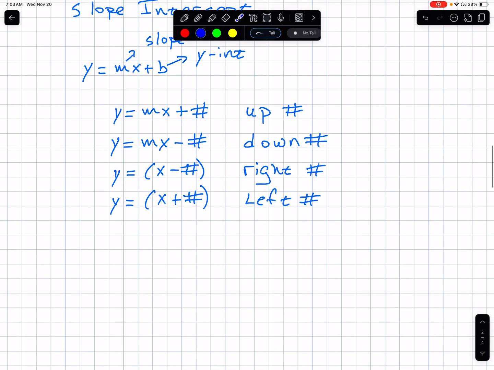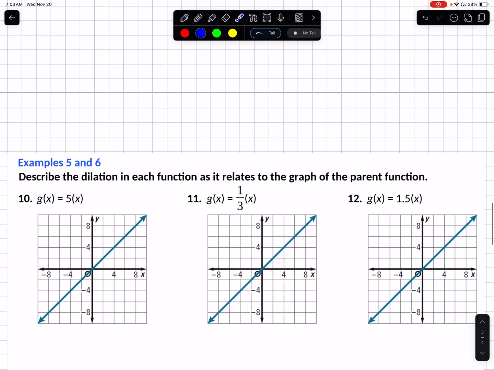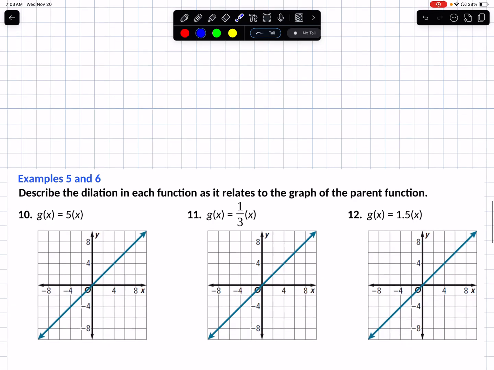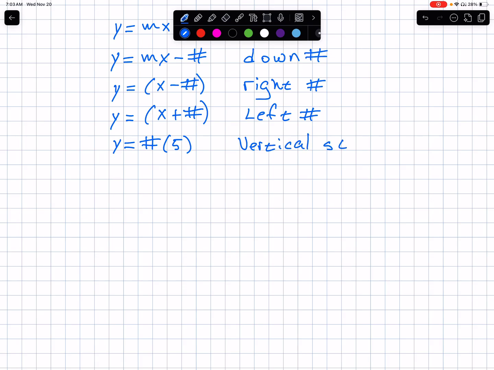Okay. All right, so we're going to continue with our rules here. If we multiply the function by 5, we're going to write a new rule here. So if we have y equals some number in front of the function, that is a vertical stretch by 5.